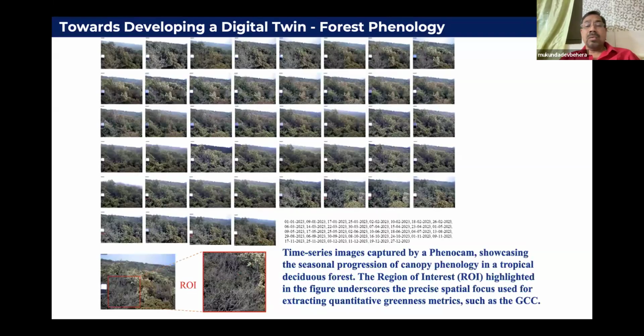This is a very high temporal resolution data we get, which actually inspired us to think of developing a digital twin where the forest phenology can be taken as the theme, and if we understand this, then we can integrate into the GPP or the productivity model.